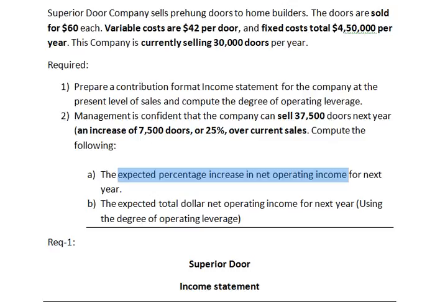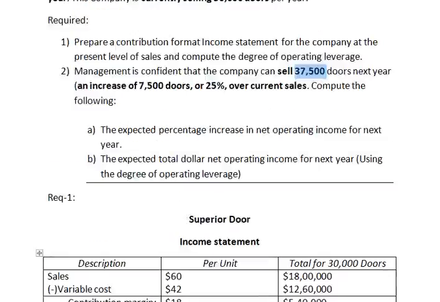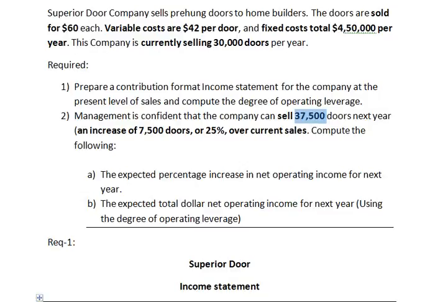At first our selling quantity was 30,000, now 37,500. Here we see that the sales increase. That's why our net operating income will increase. The question told us to find out this percentage increase.